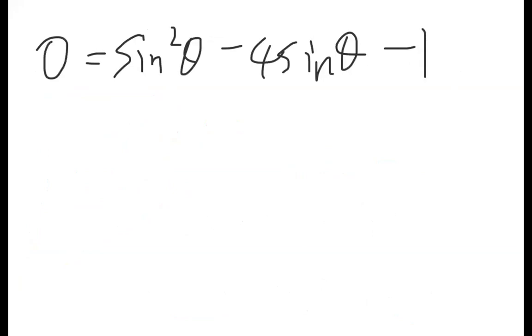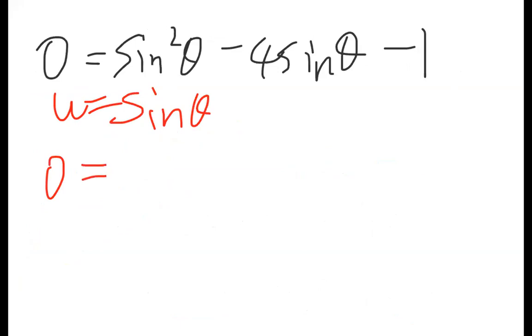So now you have u equals sine theta. You replace everything by u. So we have 0 equals u squared minus 4u minus 1.